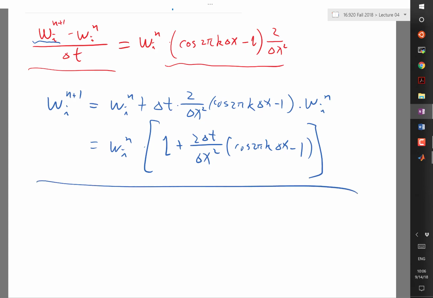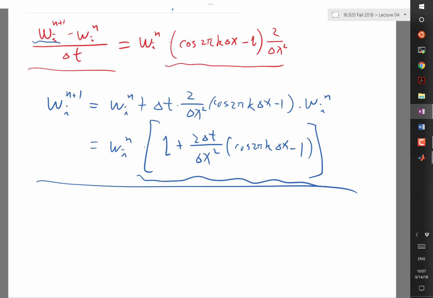For the solution to be stable, what values can this constant take if I don't want the solution to be blowing up? Less than 1, yes.